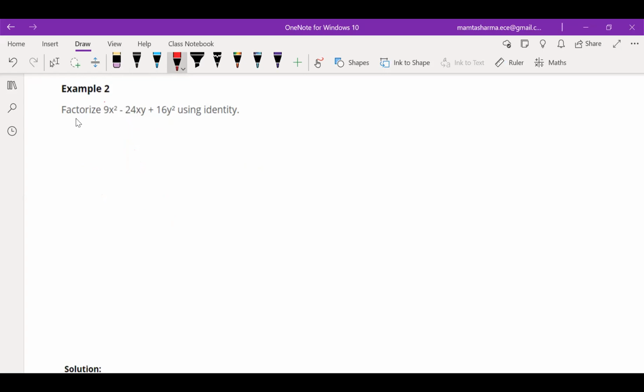Ma'am, you can find that 9 and 16 are perfect squares. You can express it like (3x) whole square minus, and find the factors of 24xy. Take the preferable ones: for 24, 12 and 2 are factors, and 8 and 3, and 24 and 1.